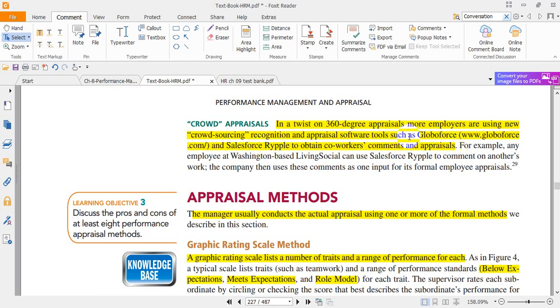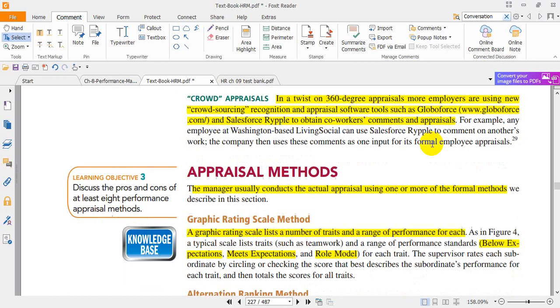So these software tools can be used to obtain co-workers' comments and appraisal.